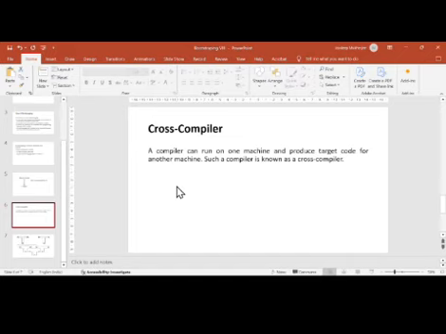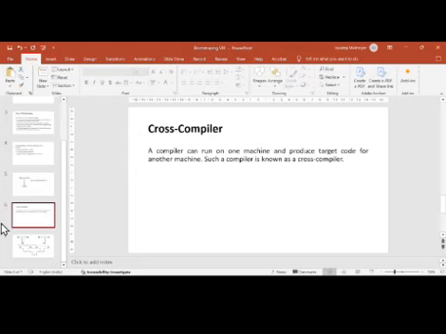Say for example we have X, a programming language, and we are going to convert it to machine language, that is M, using C++. This is our source code, and the target code is, say, X. We convert it to machine code with the help of a C compiler.